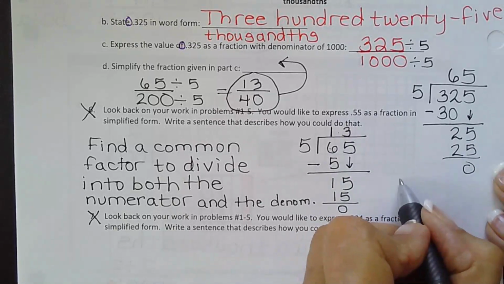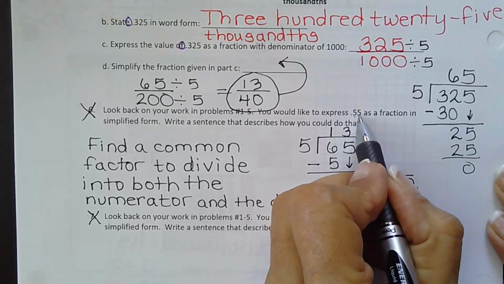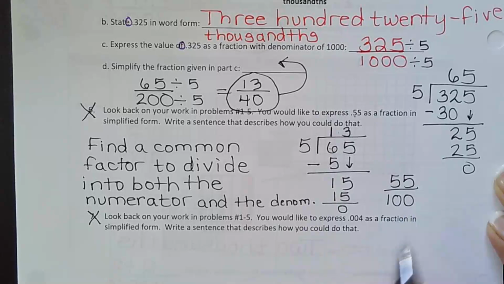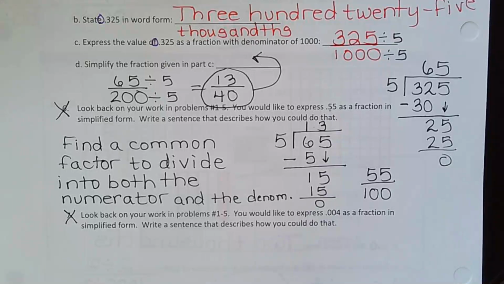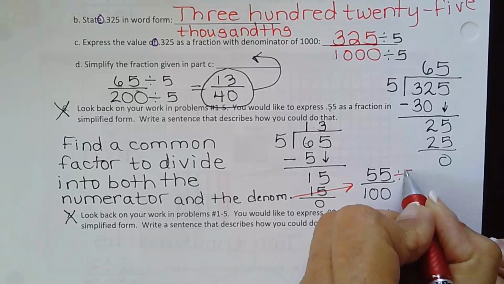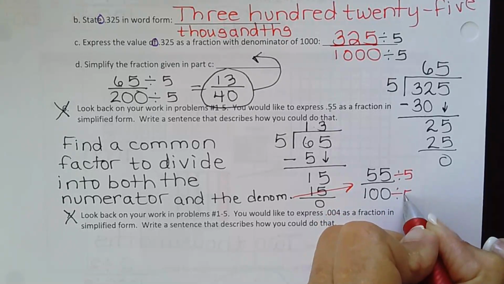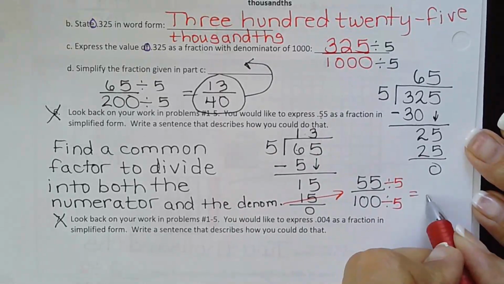And if we wanted to just show an example for this one, this is 2 decimals, so that means over 100. So both of these end in 5 and 0, which means we divide by 5. Because anything that ends in 5 and 0 is divisible by 5. 55 divided by 5 is 11.